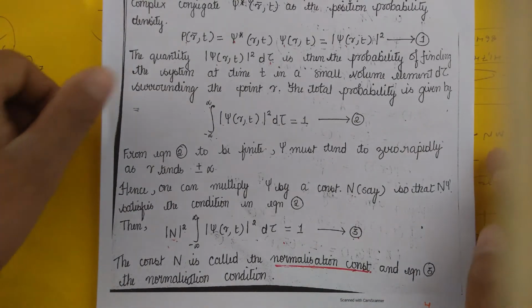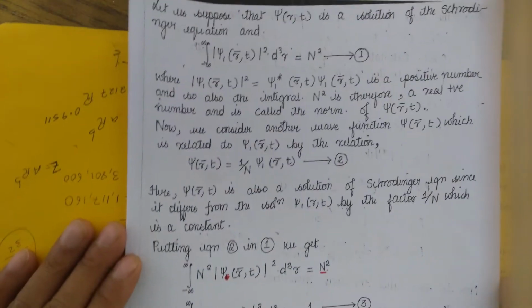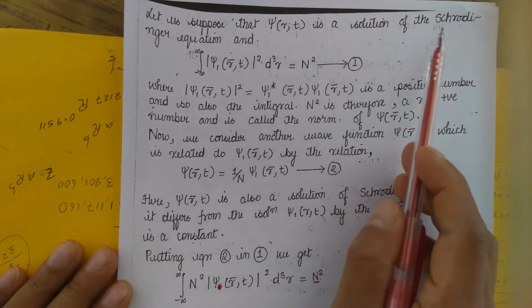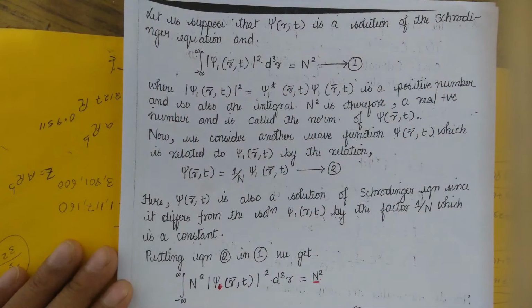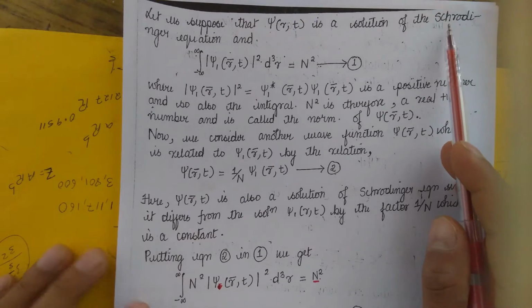Okay, now let us assume a function psi which is a solution of the Schrodinger equation, a second order differential equation.